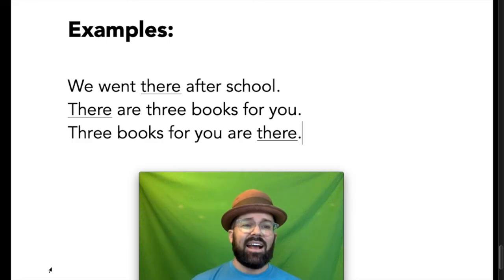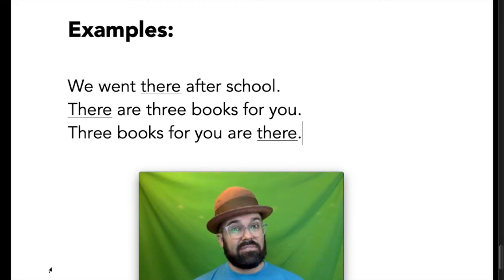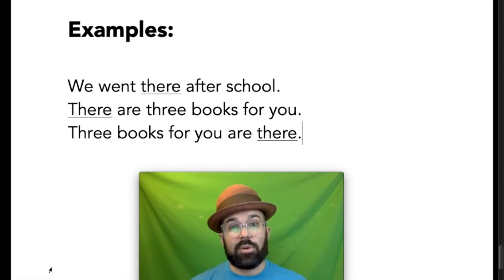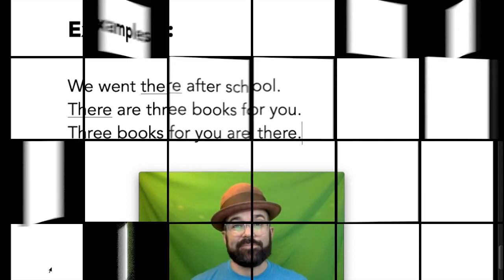But as you can see, I reversed this sentence, or inverted it, for the third example, and it's a little clearer to see how it still does answer the question, where. Three books for you are there. In that inversion, it still definitely answers the question of where those books are. But another good rule of thumb is if it's not a contraction and it's not showing possession of anything, then it's the other one, T-H-E-R-E.